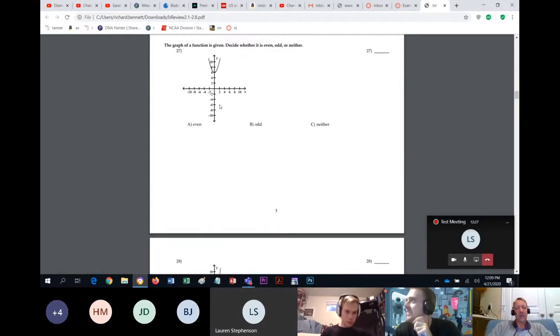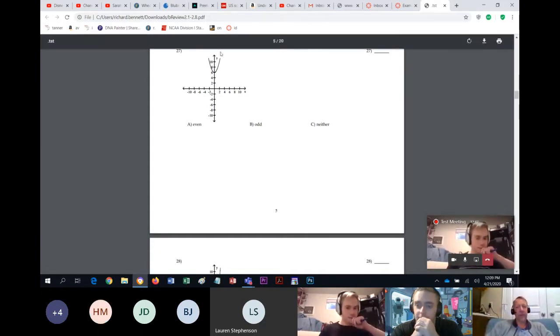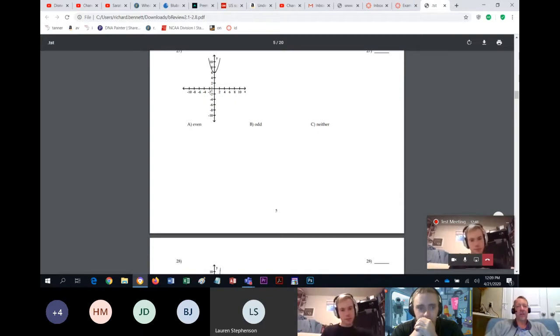Sure. 27, even, odd, or neither? Even. Even because? It's symmetrical about the y-axis. Exactly. Even functions are always symmetric about the y-axis.